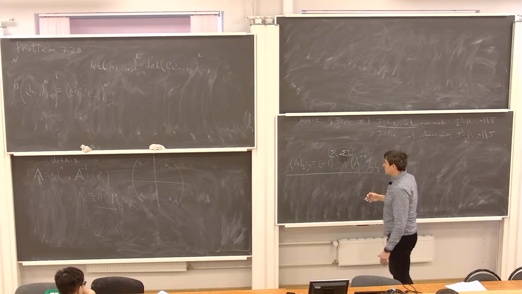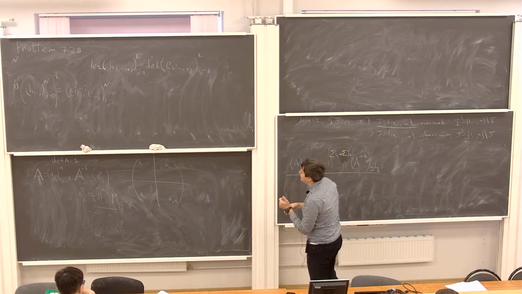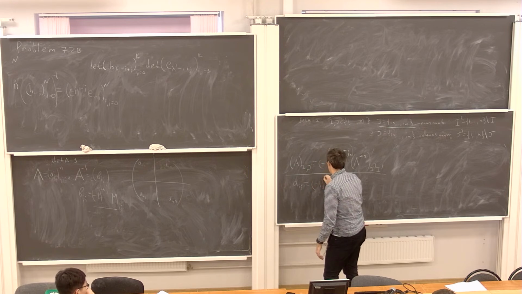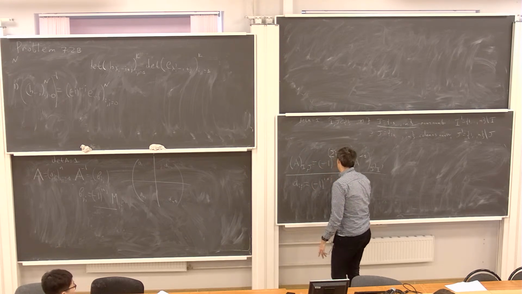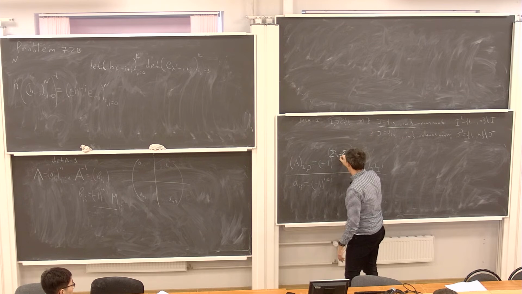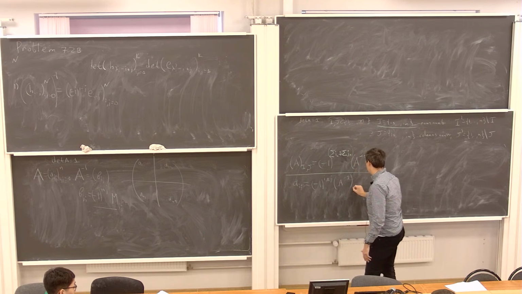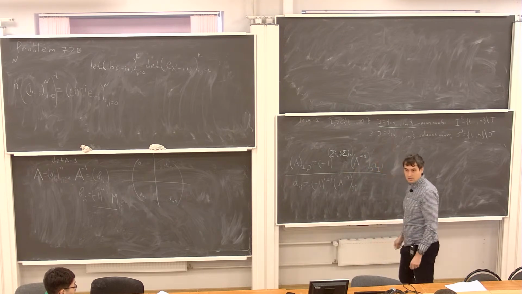Yes, but it's slightly different. Let's write Aij is equal to minus 1 to the I plus j, you could write here A minus 1 ji.